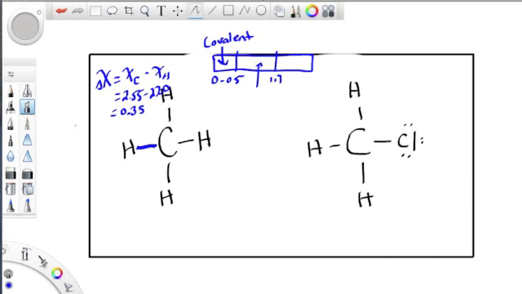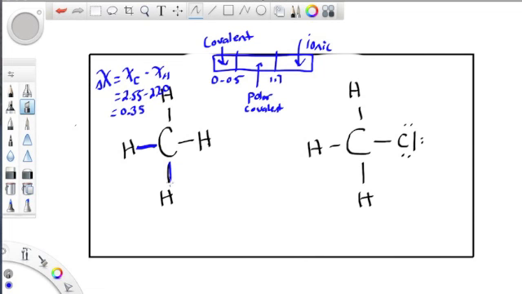This area is polar covalent. And this area is ionic. So if you haven't put that on, you want to make sure you put that on your chart. So I look at my difference, I found it's 0.35, it falls into this range, so this is a covalent bond. There is no unequal sharing. The electrons are going to be found basically right in the middle of this bond. There's no delta plus, no delta minus.